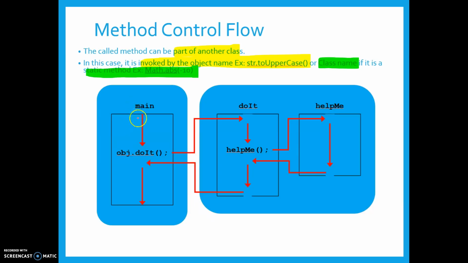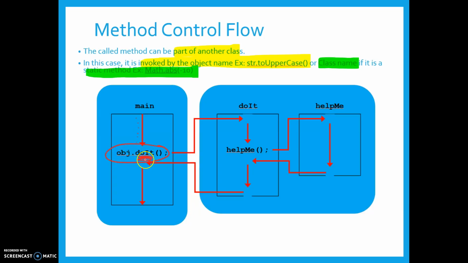So in this case, I have my main method, doing my code, and then I encounter this method call obj.doIt. Based on what I see here, I can tell that doIt is a method that is in the class that this object obj is a member of.